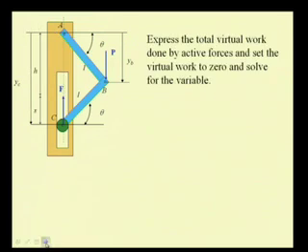Now we can express the total virtual work done by these active forces, that is this force F and P, and set this virtual work to 0. So, we have the virtual work as delta U is F dot delta R, and the work done by a moment as delta U is M delta theta, and here we do not have any active moments. So, this virtual work term is not involved, and we only have the virtual work done by the forces.